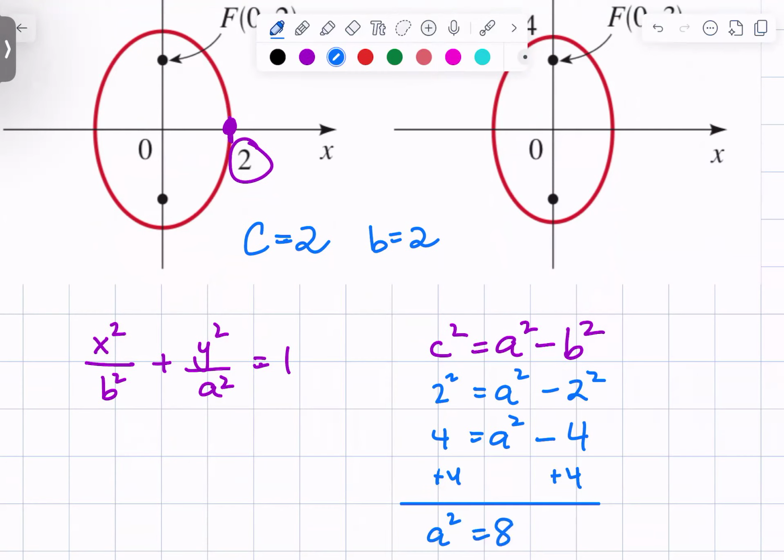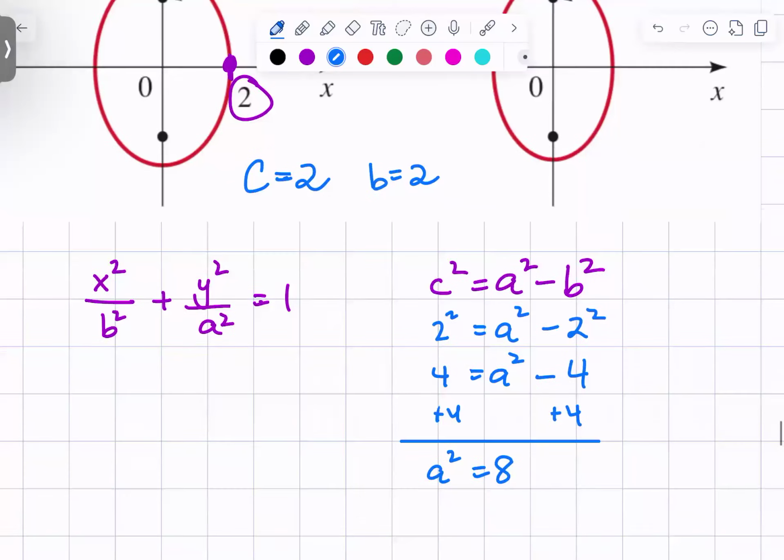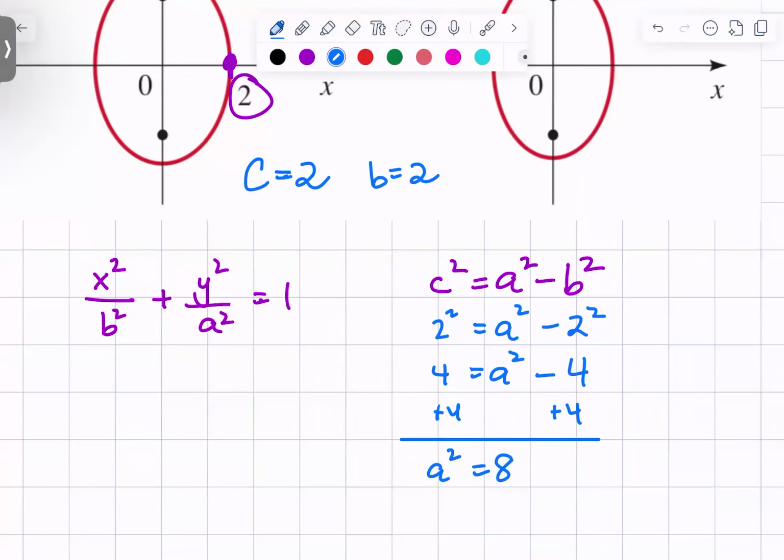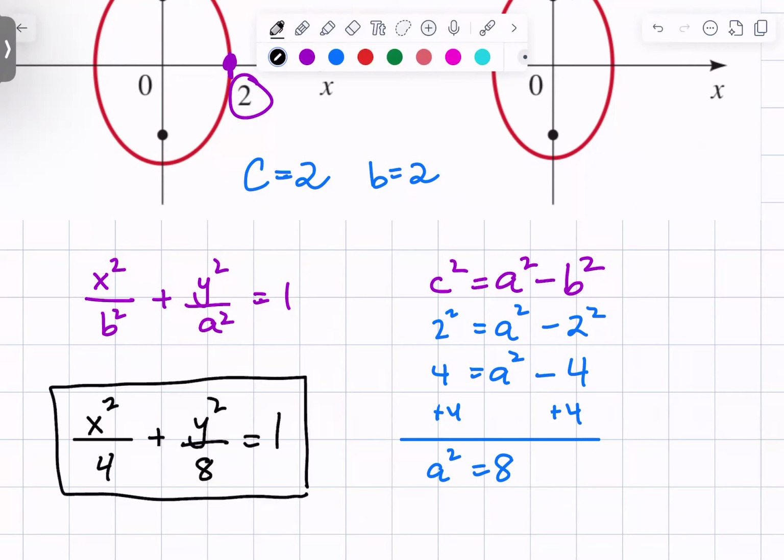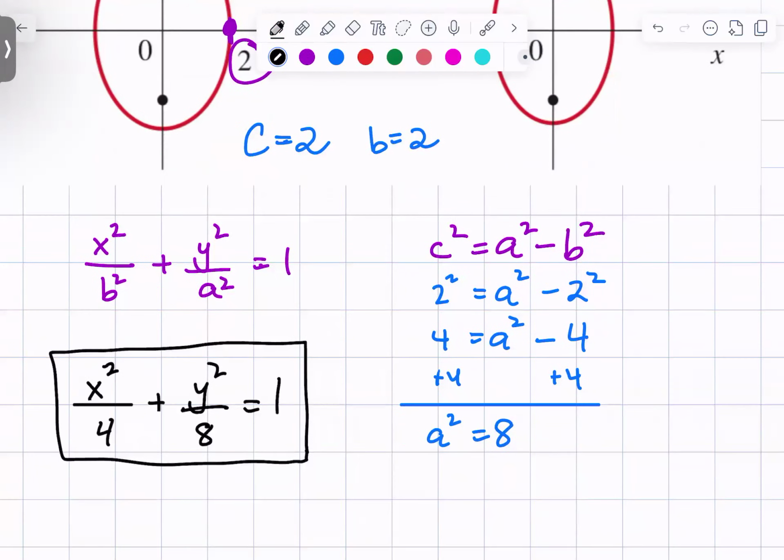I don't care about my a value, I just care about my a squared value because that's what I need for my equation. So x squared over 4 plus y squared over 8 equals 1. That's it. Questions on these problems? On how we got them?